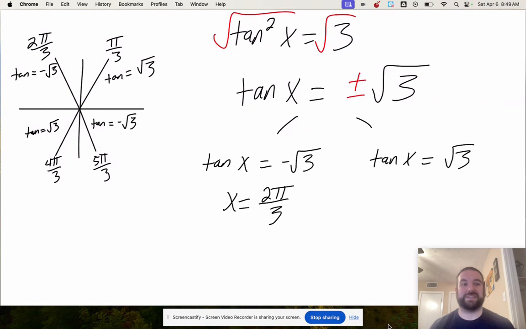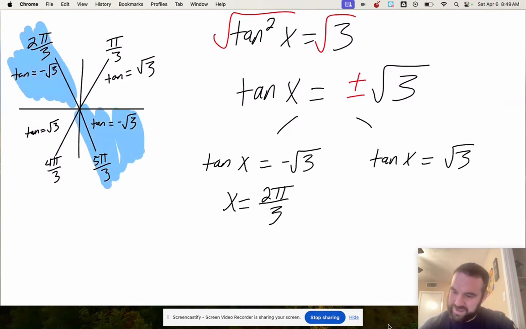Because we are dealing with tangent, tangent has a period of pi, and that's because these values will always occur 180 degrees or pi radians apart. So all I'm going to do to encompass both of these solutions, for both this quadrant and this quadrant, I can write in one single statement by saying 2 pi over 3 plus pi k.